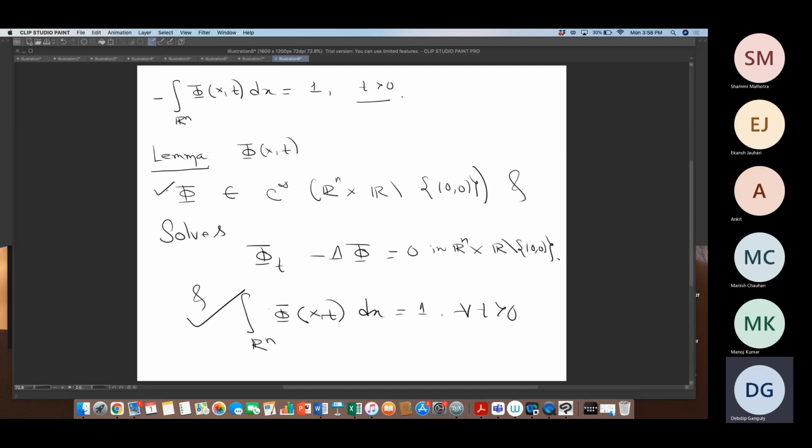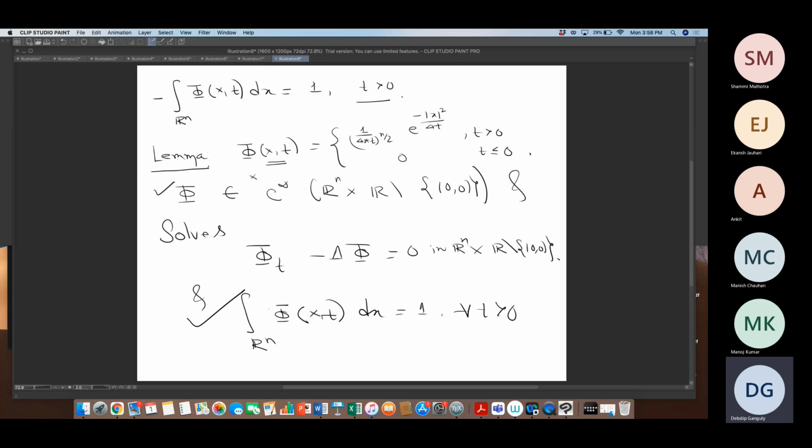Do you need to prove this, or is it straightforward? Because how I have written it down, I have already defined it, right? It is 1 over (4 pi t) to the power n by 2 times e to the power minus mod x squared by 4t for t positive, and 0 when t is less than or equal to 0. The only problem is when x equals 0 and t is 0, right?